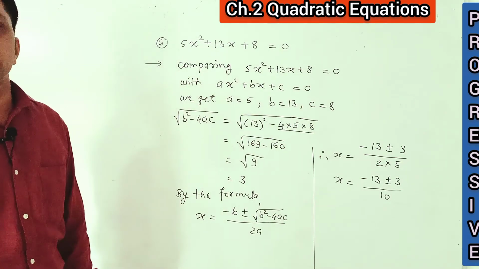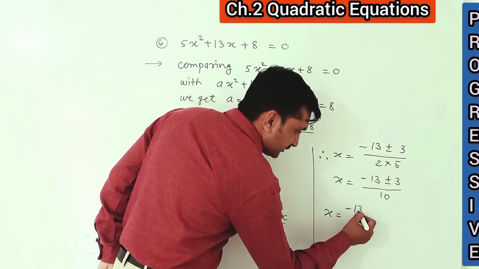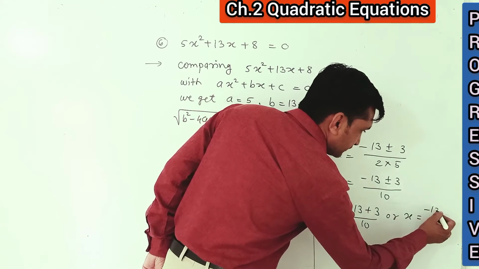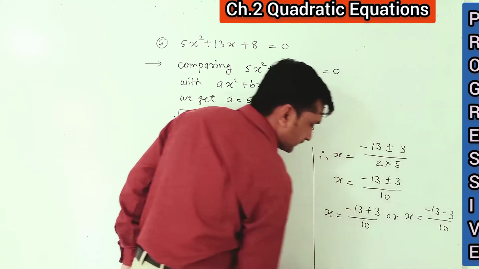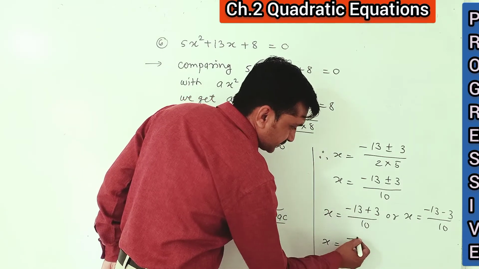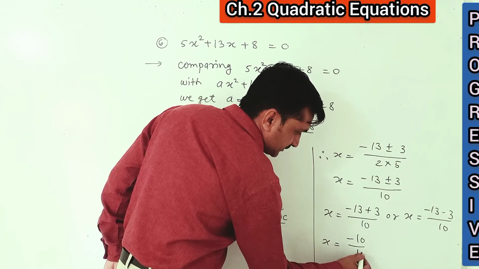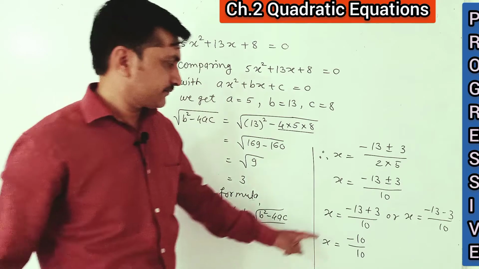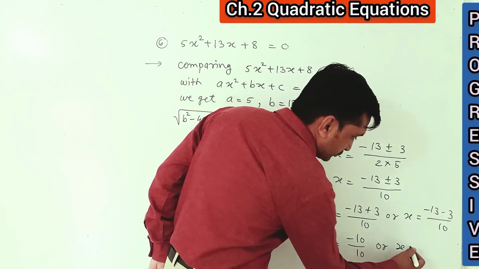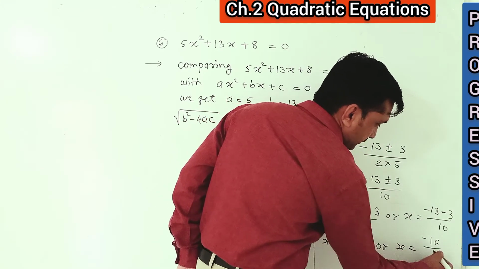What we have to do? We have to separate, because common we cannot take. X is equal to minus 13 plus 3 upon 10, or x is equal to minus 13 minus 3 upon 10. Now addition subtraction rule. Different sign subtraction, higher value sign minus, minus 10 upon 10, or x is equal to, here same sign addition 16, higher value sign minus upon 10.